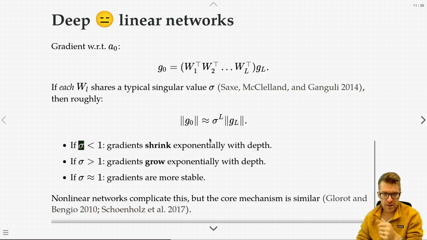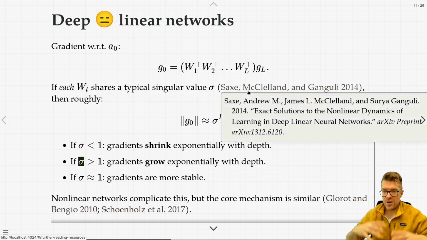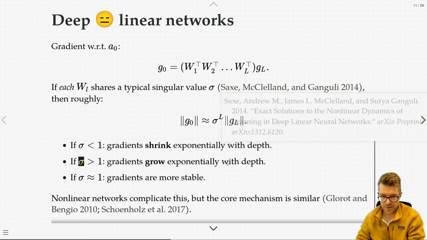If your typical singular values for all of your weight matrices are small, less than 1, then coming up with this product will shrink the gradients exponentially with depth until they're potentially very close to 0. If this typical singular value sigma is bigger than 1, then as you multiply all of these matrices together, your gradients are going to get bigger and bigger and grow, or explode, exponentially with depth.